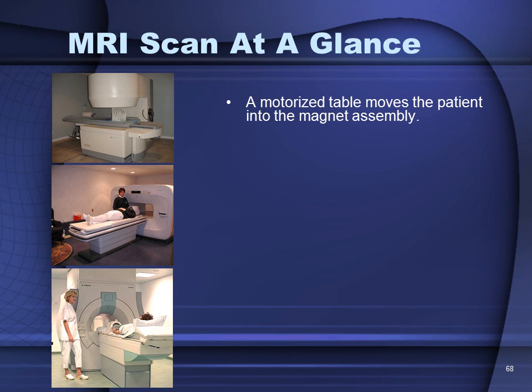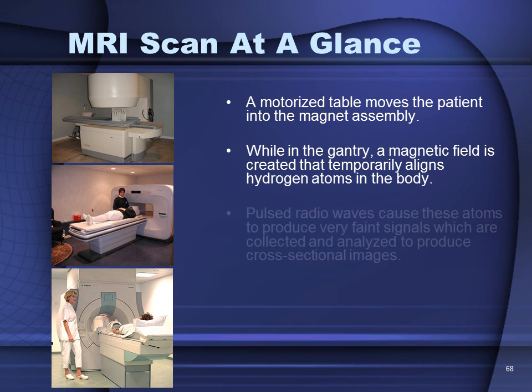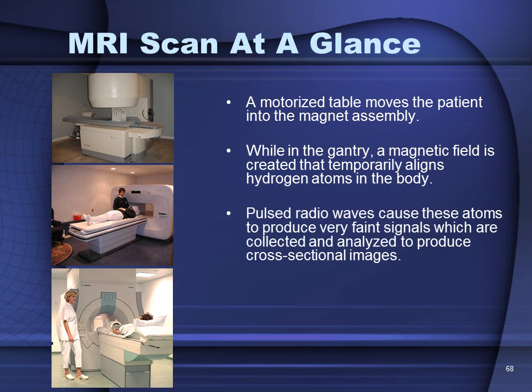Again, a motorized table moves the patient into the gantry. The gantry contains a magnetic assembly. A field is generated that temporarily aligns the hydrogen atoms in the body. Pulsed radio waves cause these atoms to produce very faint signals, which are then collected and analyzed to produce cross-sectional images.